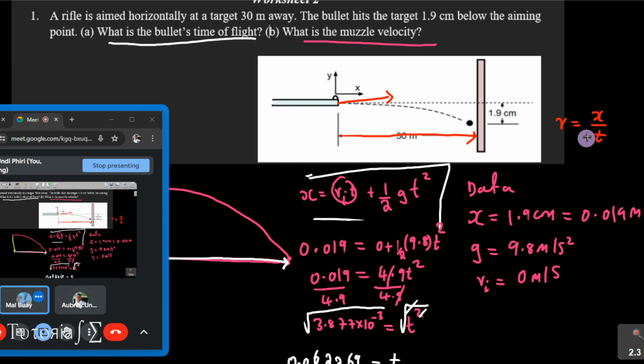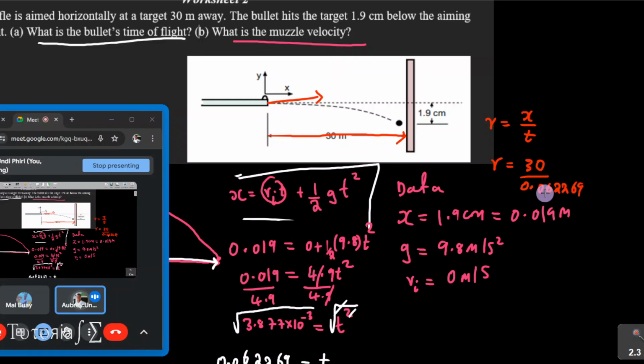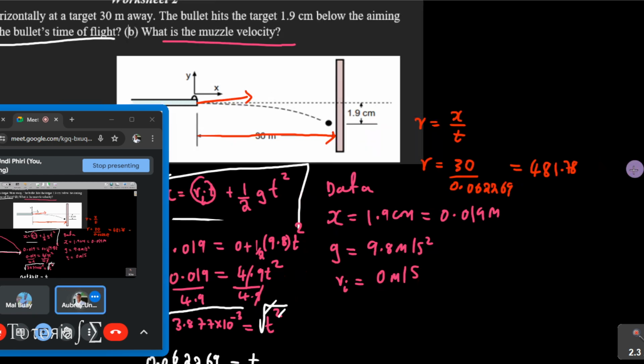So velocity will be equal to the displacement we have, which is 30 meters, and the time we have is the time that we've found here, which is 0.062269. So when you calculate that, what are you getting for your velocity? 481.78 meters per second.